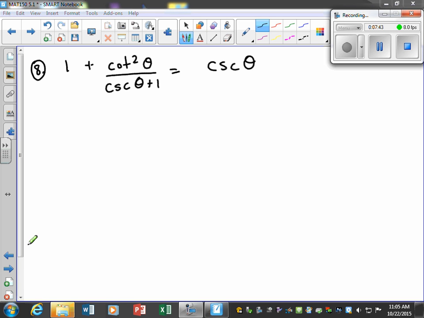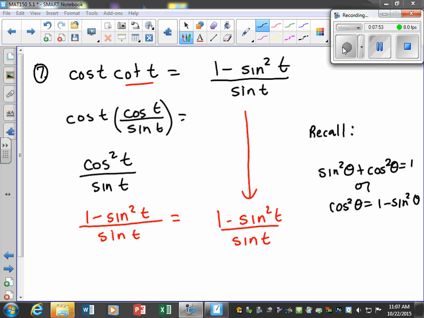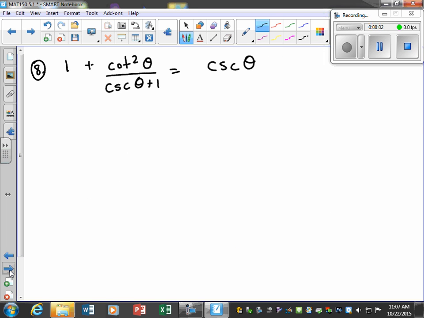I'm just going to work them for the video and pause it, give you the solution so you can look back at it as a reference. Okay, so you can check your work on number 7, and then we're going to do the same thing with number 8, and you can check your work with this one.